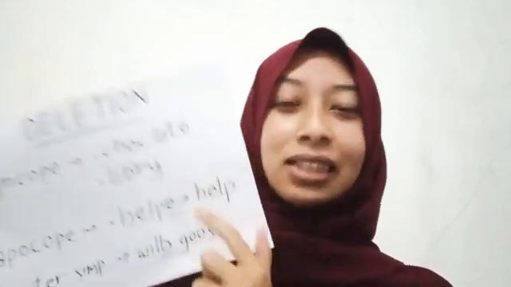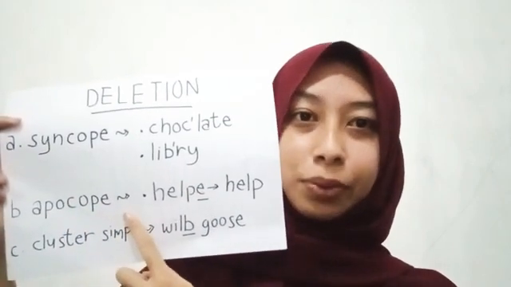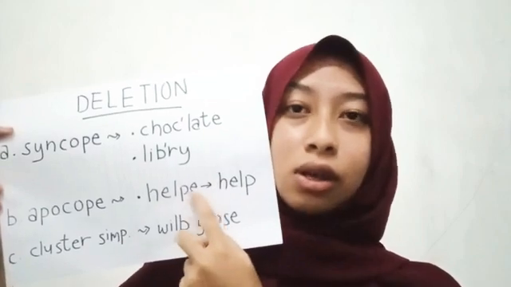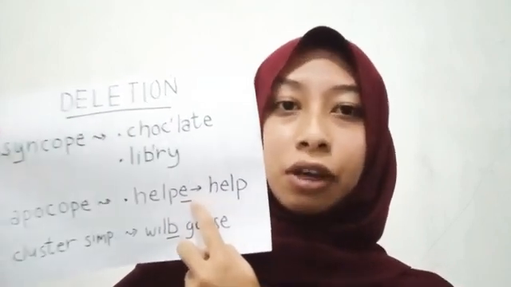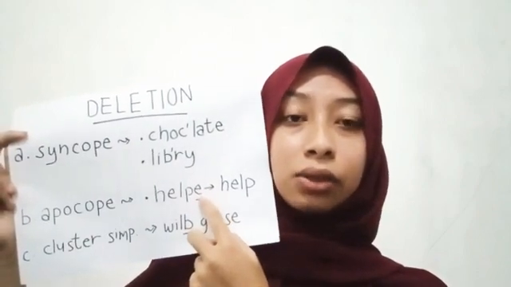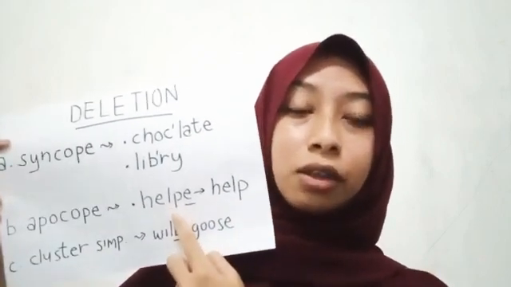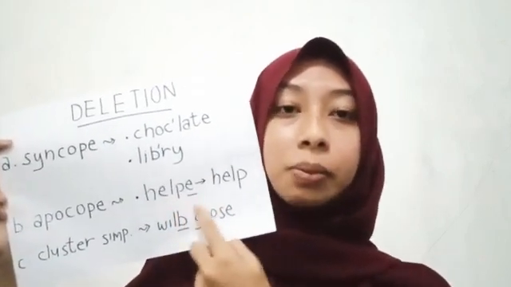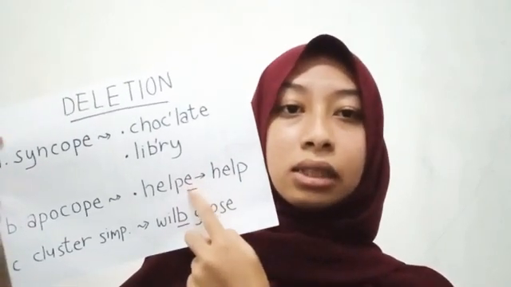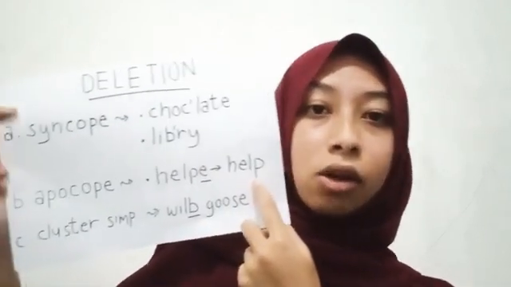Do you get it? Now we are going to the second type, apocope. This is the deletion of the final unstressed vowel. This happened in Middle English, from the word helpe. It will be pronounced as help. We omit the final sound, so it is pronounced as help only.